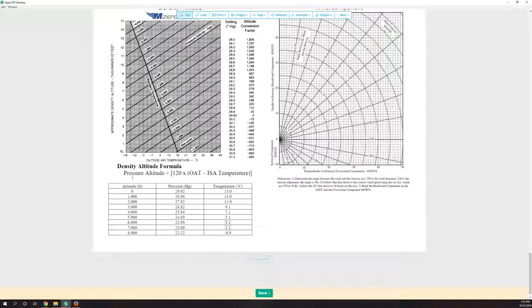So if we want to figure out our density altitude, let's say that we have a pressure altitude, we figured out for Tuscaloosa, of negative 100. Then we're going to do 120 times our outside air temperature at the surface of Tuscaloosa, which we said was 7 degrees Celsius earlier. The standard temperature that it should be is 15.